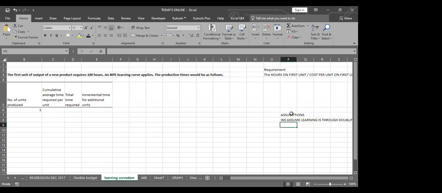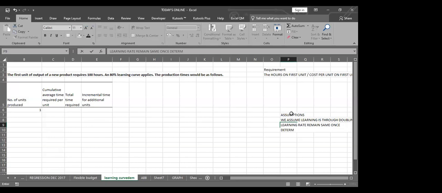And again, the learning rate usually remains the same. Learning rate remains the same once determined.